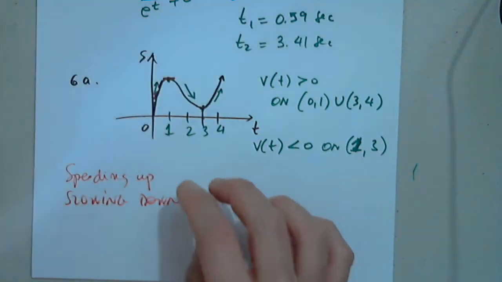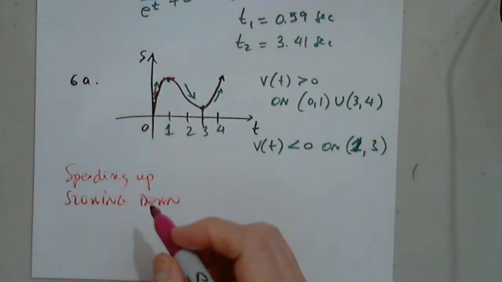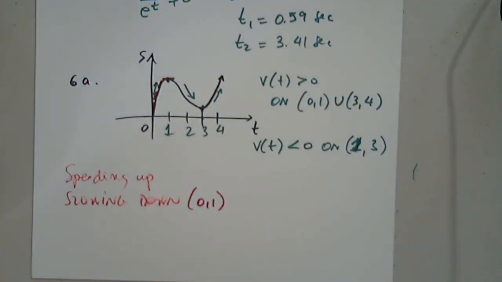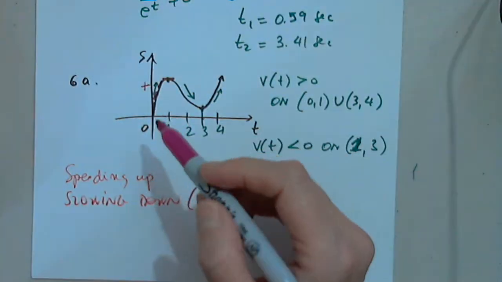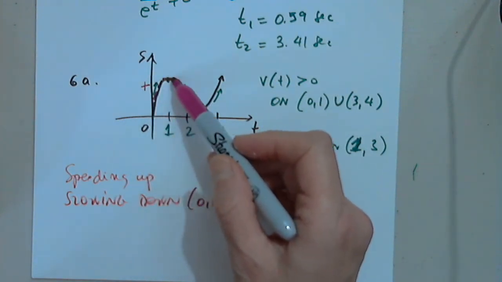So what do we conclude between 0 and 1? Slowing down. Yes, it is slowing down between 0 and 1. It's positive, but slowing down. It starts with a big speed, but then in 1 second, the speed becomes 0.